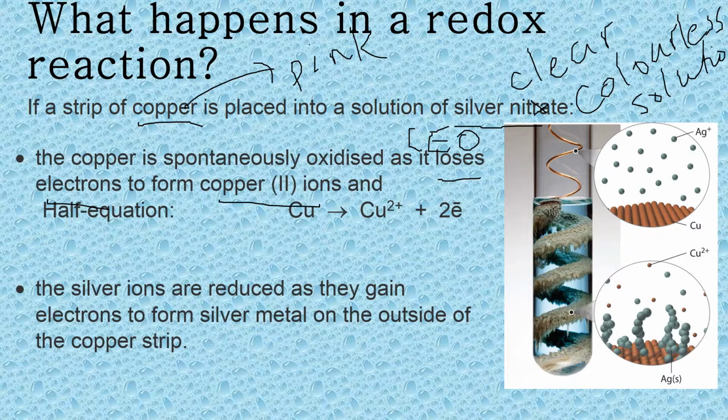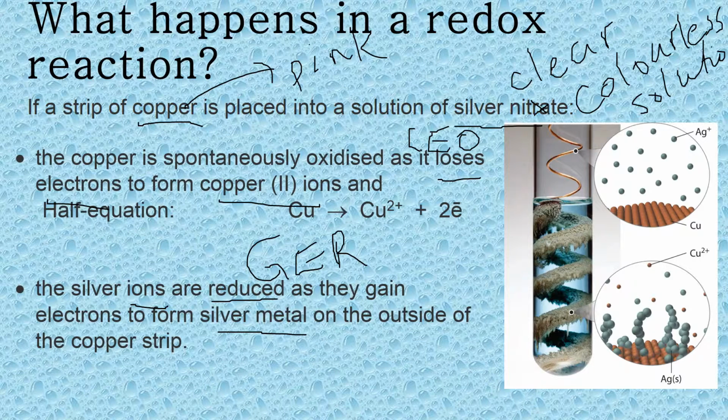And reduction, remember what it was? Gain of electrons is reduction. So silver ions gain electrons, they are reduced, and now they form elemental silver. Where do you think that elemental silver is forming? Here. This is the pure silver that's being formed on the outside of the copper strip.